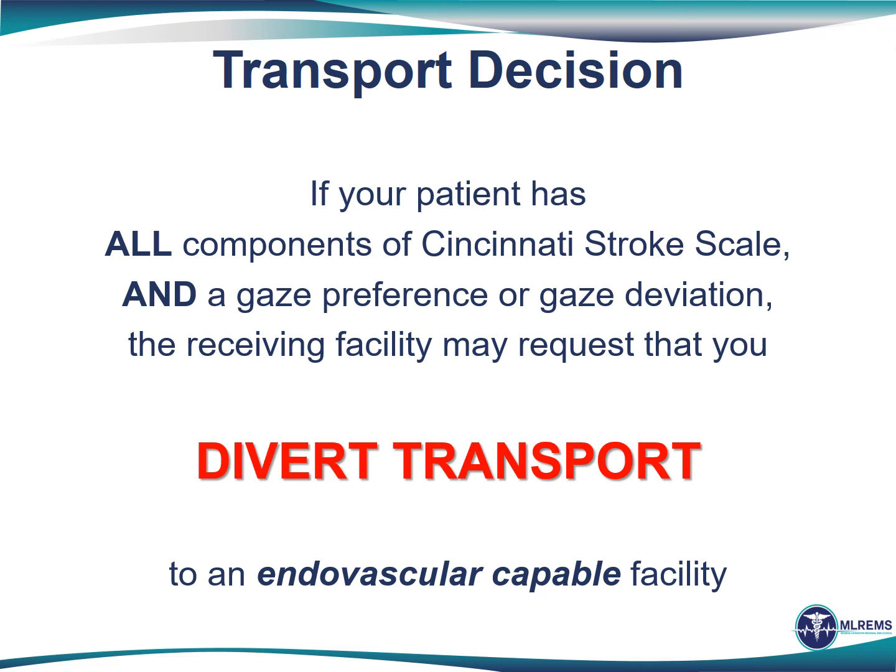And so now, as we learn more and more about the care of stroke patients, if your patient has all of the Cincinnati stroke scale components being abnormal, meaning they have facial droop, they have arm weakness, and they have speech abnormalities, and they have a gaze preference or gaze deviation, the receiving facility, if it is not endovascular capable, may request that you divert transport, if appropriate for that patient, to an endovascular capable facility.